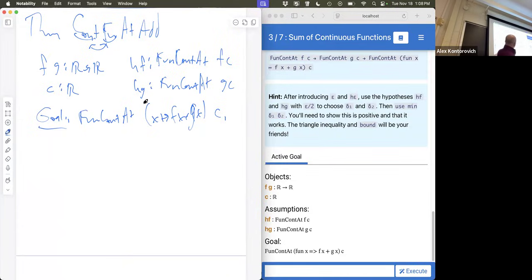The goal? Function continuous at. Oh, you want to remember what that means? What's in the parentheses? It's f of x plus g of x. Oh, awesome. Yeah, the function that maps x to f of x plus g of x. You can see it here. Okay.